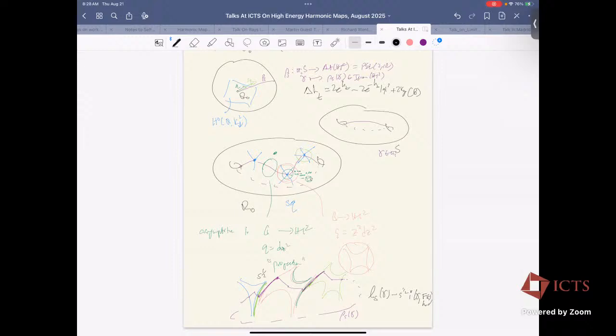But the point is this: I can predict the asymptotic holonomy by looking at the holomorphic differential and its local form.